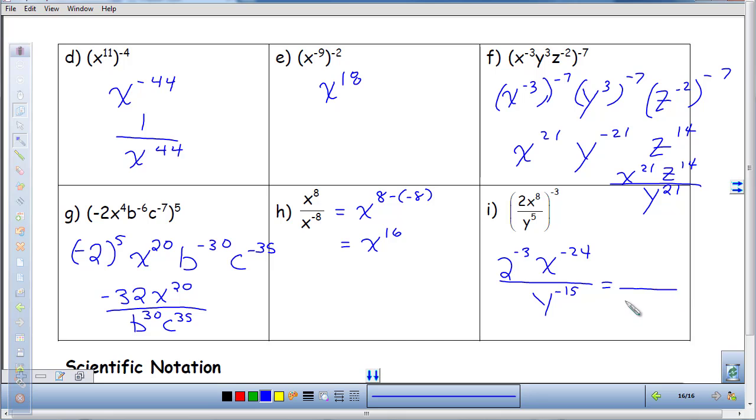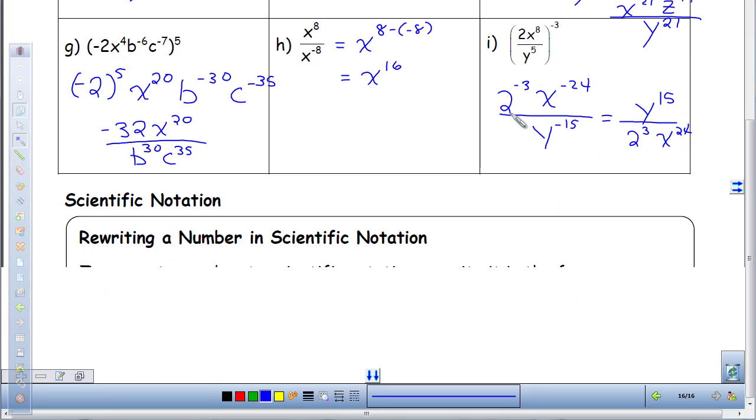So I get 2 cubed in my denominator, x to the 24th because it had a negative exponent, and then I'm moving y to the 15th to my numerator. Yes. So we're going to say y to the 15th over 8 x to the 24th. We want to work out that 2 cubed.